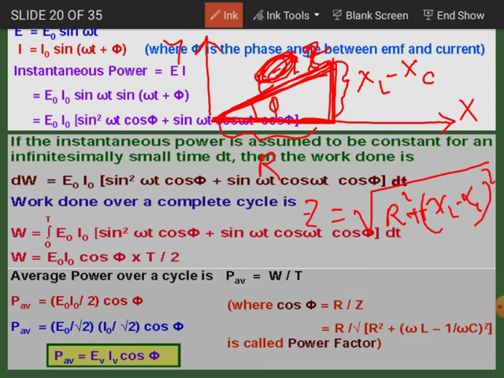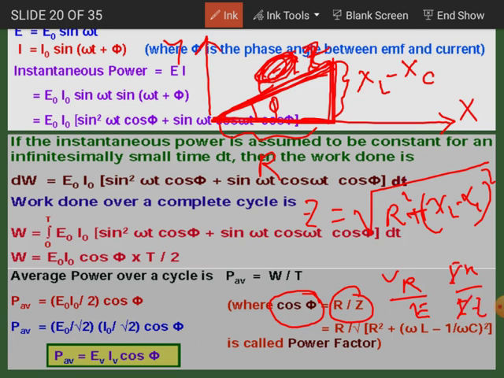Got it? So from this impedance triangle also you can find it out. Your cosine of phi we can express in terms of VR by E also. Instead of VR by E, you can also replace it by R by Z, by cancelling, that is IR divided by IZ.